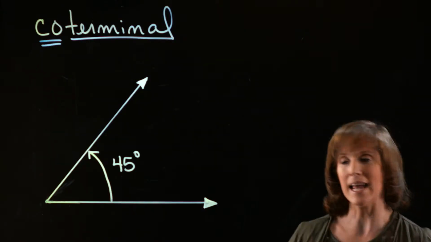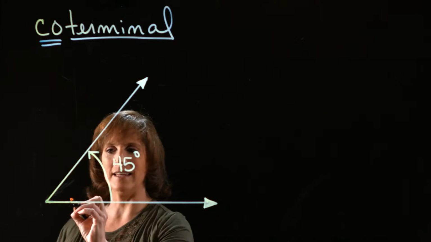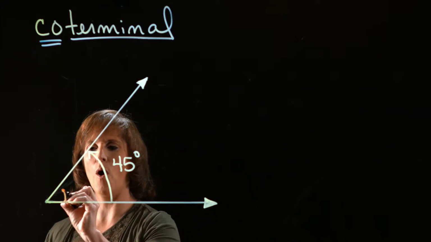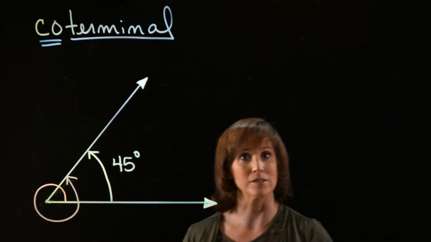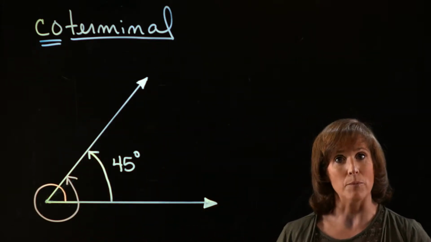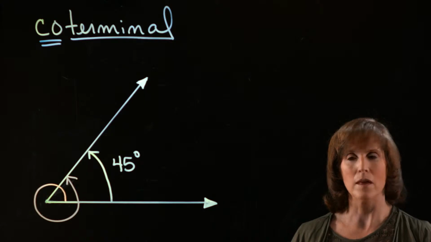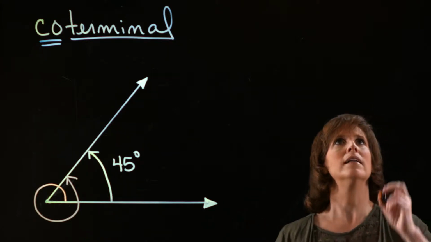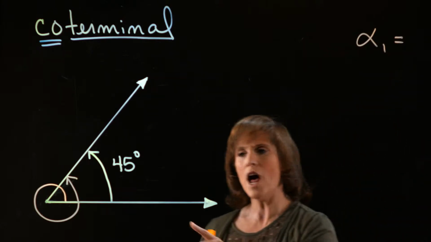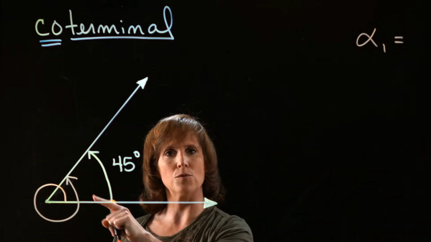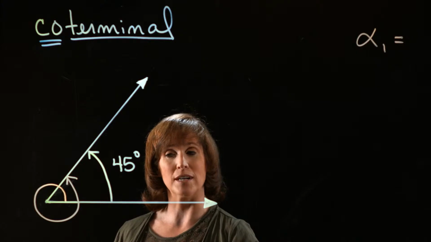So, as an example, what if I start at the initial side and I rotate the whole way around once and then come back to that terminal side? That would be an example of a coterminal angle. Well, what's the measure of this angle? Let's call this alpha 1. Well, we know that one complete rotation around is 360 degrees.